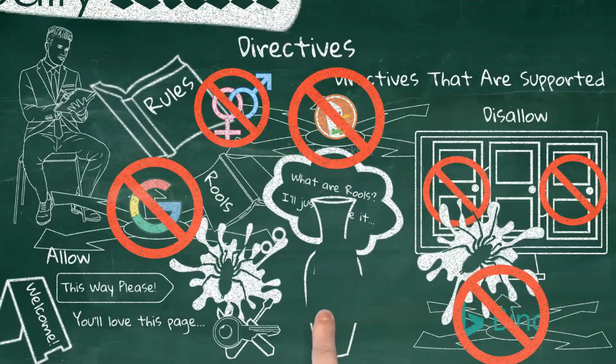And you want the search engine to see it. You get my drift. It allows you to have more control of where you want them to go. Again, they don't have to listen to it, but it's very useful.